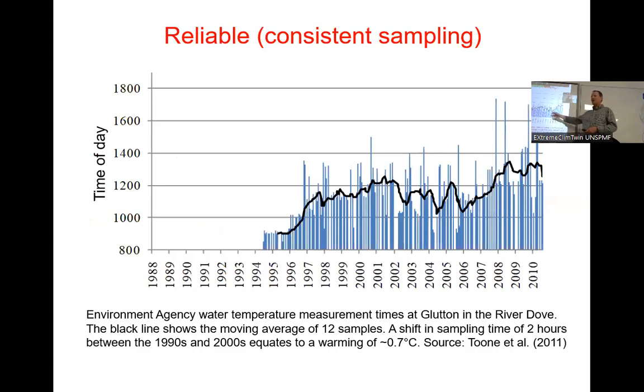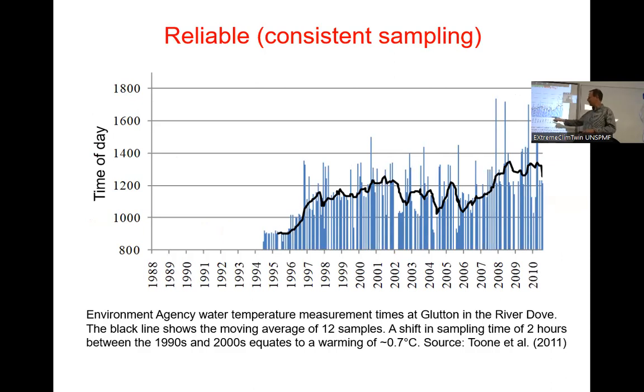And I think I've shown you this graph before, some of you, in the data quality session. It's one of my favorite graphs because it shows how an apparent trend in the data can have absolutely nothing to do with climate change, but be caused by something else.